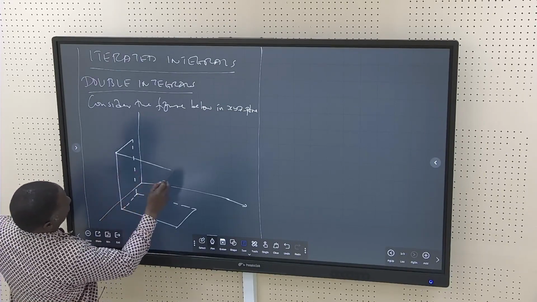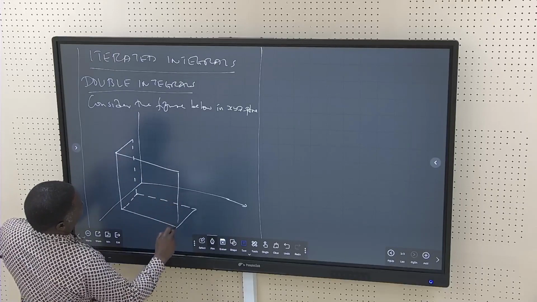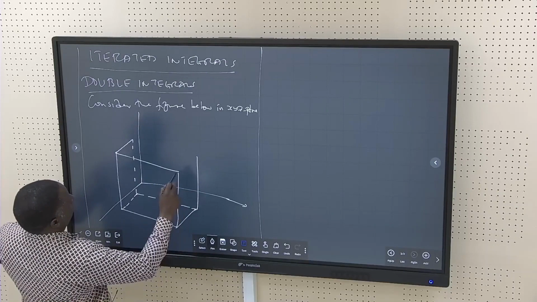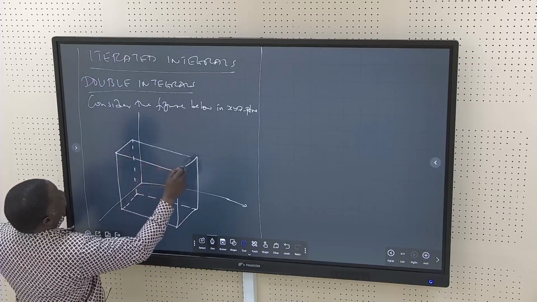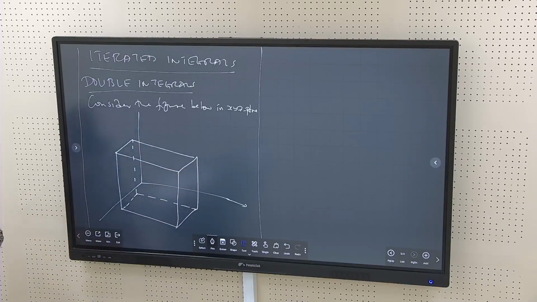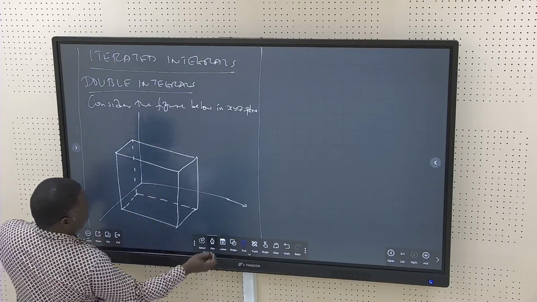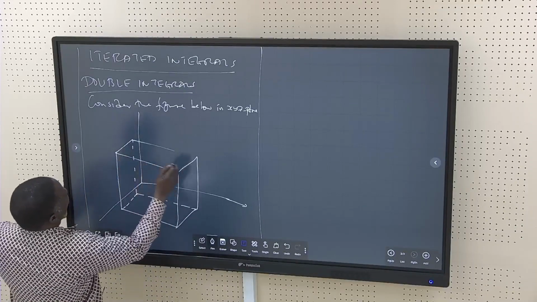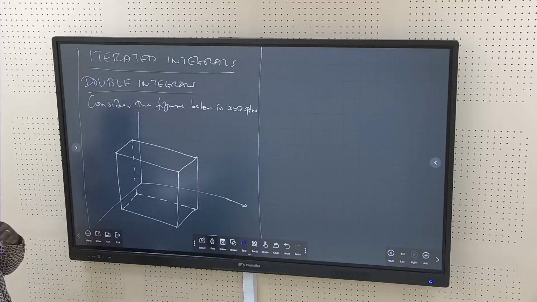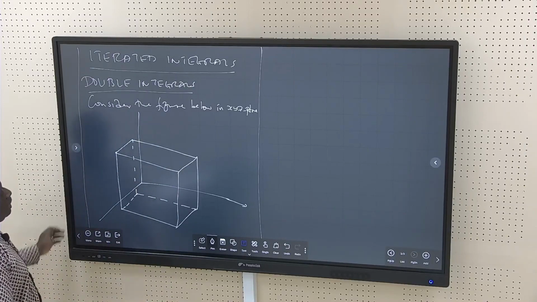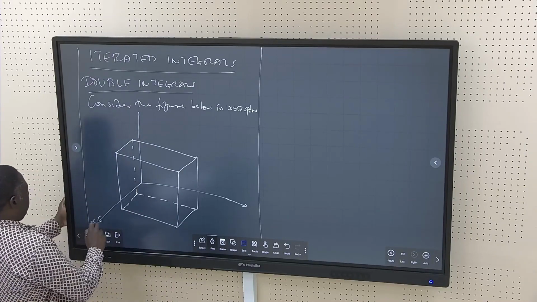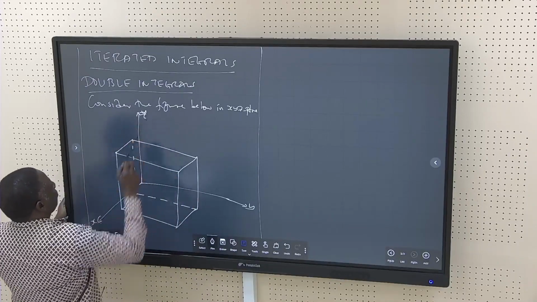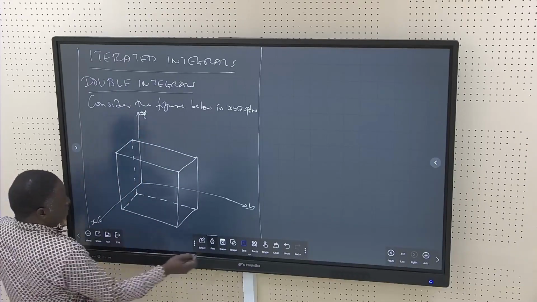We'll have this one. So we can have this block. So let us study this block. This is in 3D. This is our x, this is our y, and this is our z.